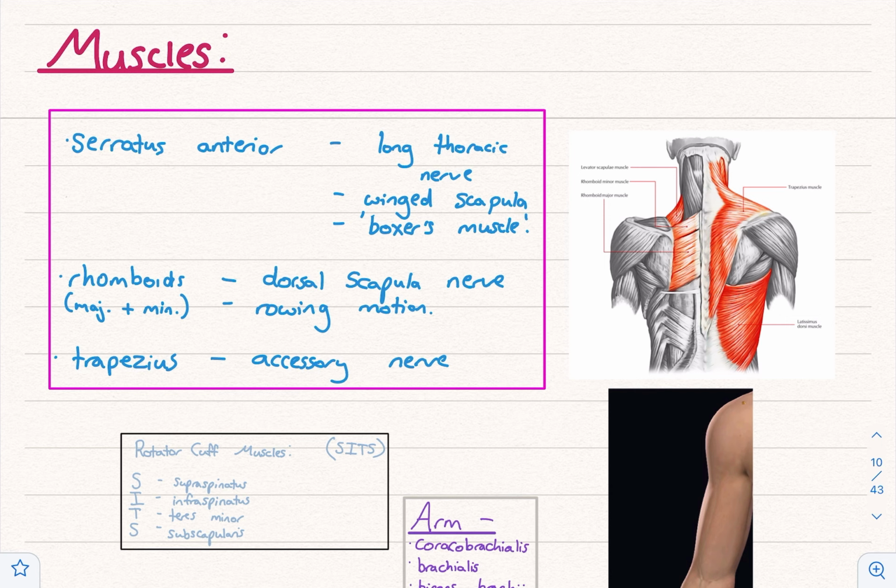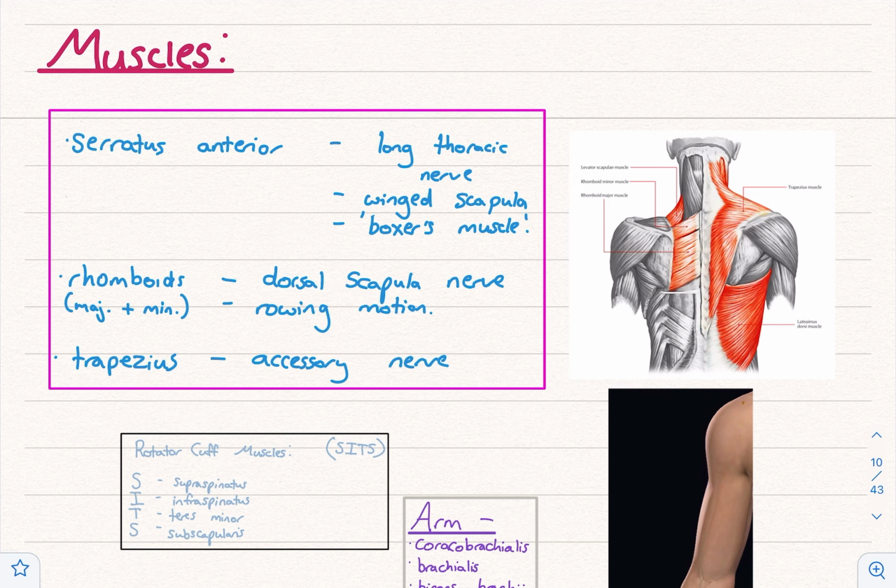So if the long thoracic nerve is damaged in any way, serratus anterior is not going to work properly, which means you're not going to be able to protract your scapula. The way to test it is by pressing your hands on a wall in front of you, and then the scapula kind of goes up, and it's called winged scapula. That's just a sign of long thoracic nerve damage.